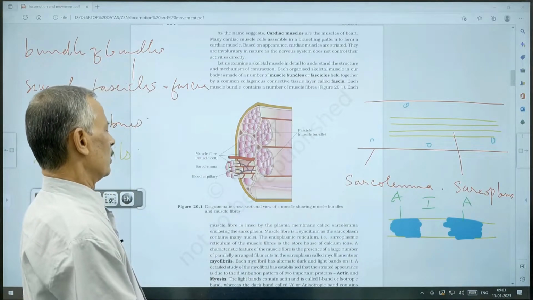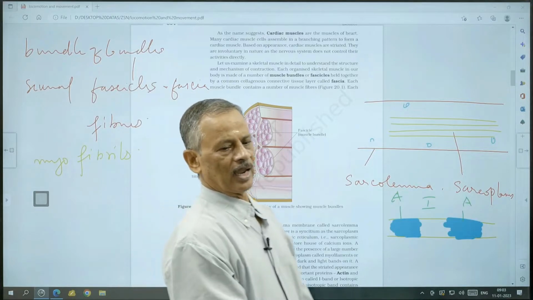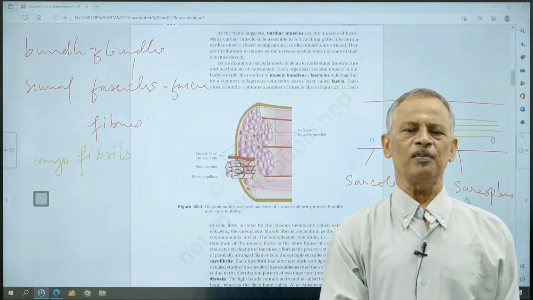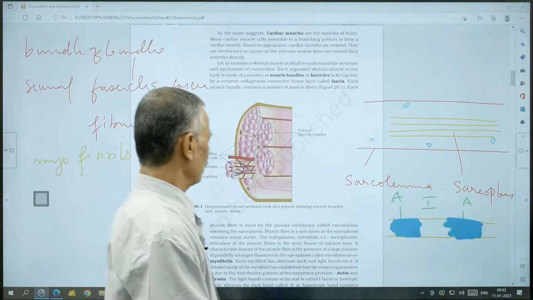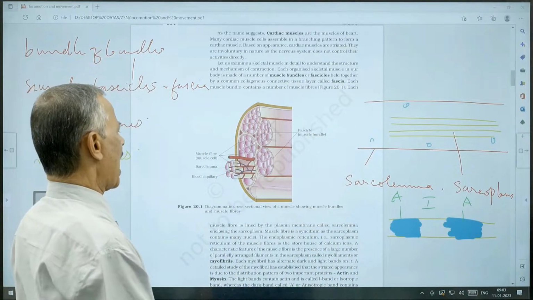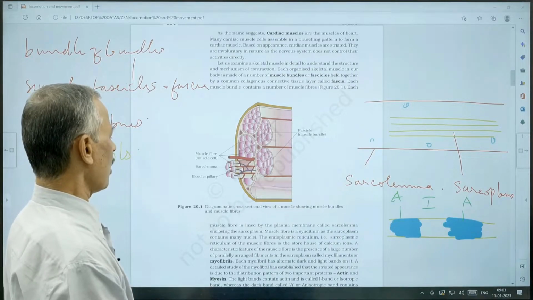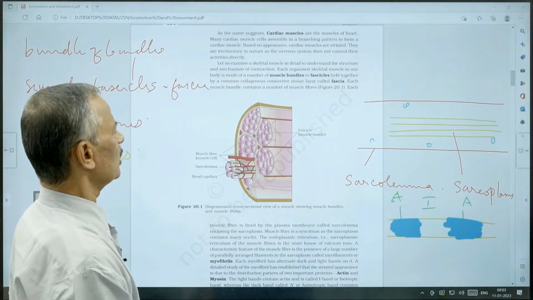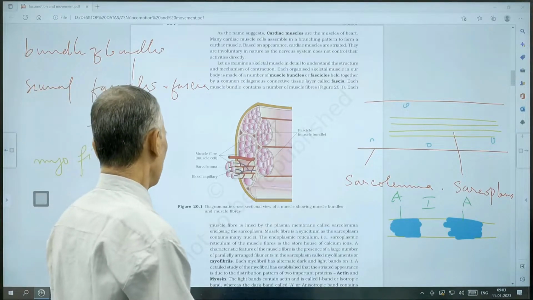So, these dark and white bands are because of the arrangement of a special type of minute filaments, which are called actin and myosin. They are made up of two proteins called actin and myosin. So these filaments are called actin filament and myosin filaments.